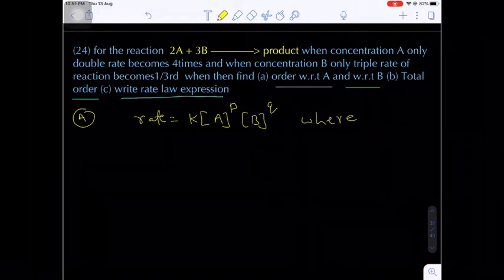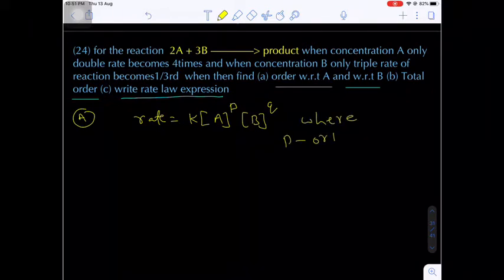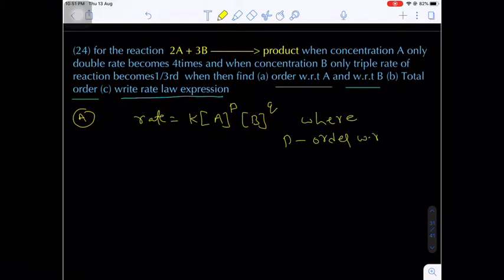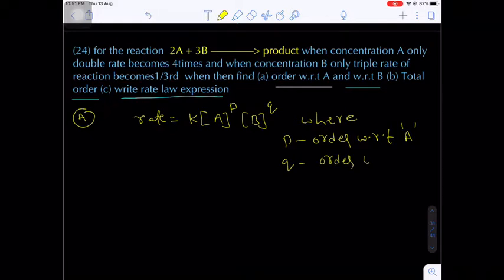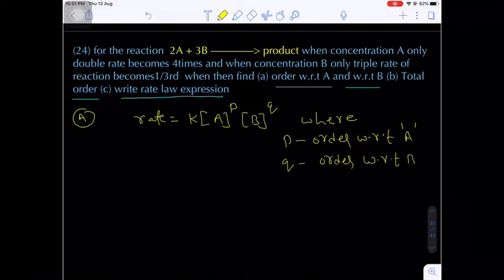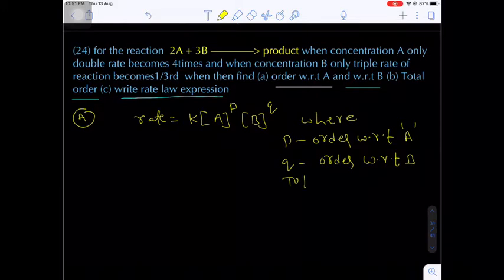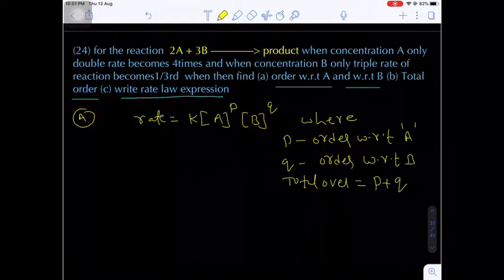Where p is the order with respect to reactant A and q is the order with respect to B. So total order becomes how much? Overall order or total order will be equal to p plus q, the sum of the exponents. Let this be equation number 1. This is the general equation.